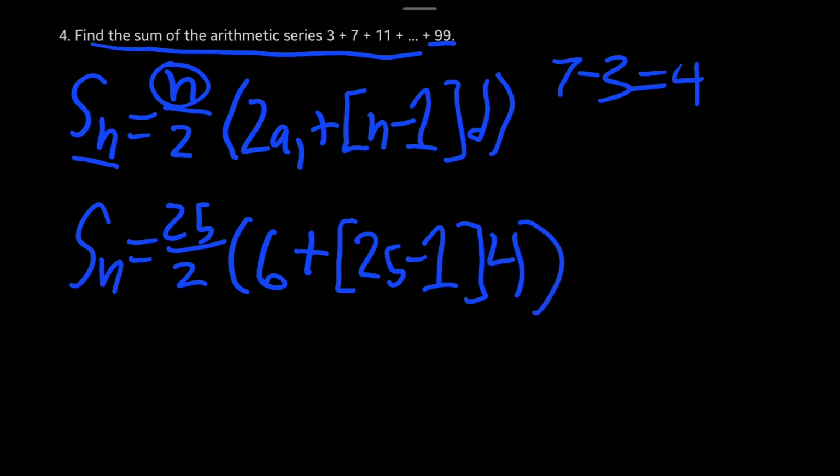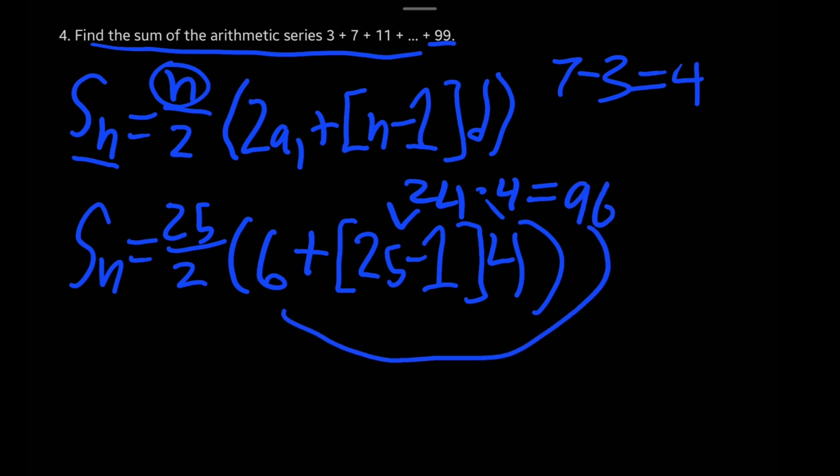So let's start here. 25 minus 1 would be 24, times 4 would be 96. 96 plus 6 would be 102.